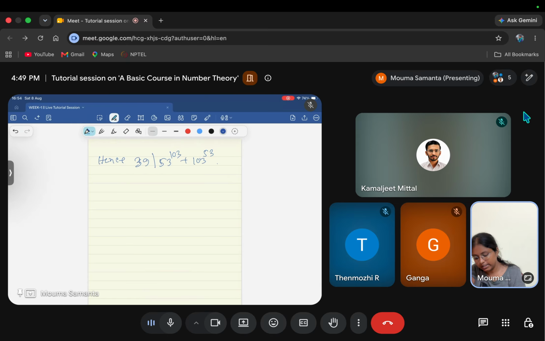Now let's try some questions in which we will use the principle of mathematical induction I have introduced in the very first class, and also theory of congruence.